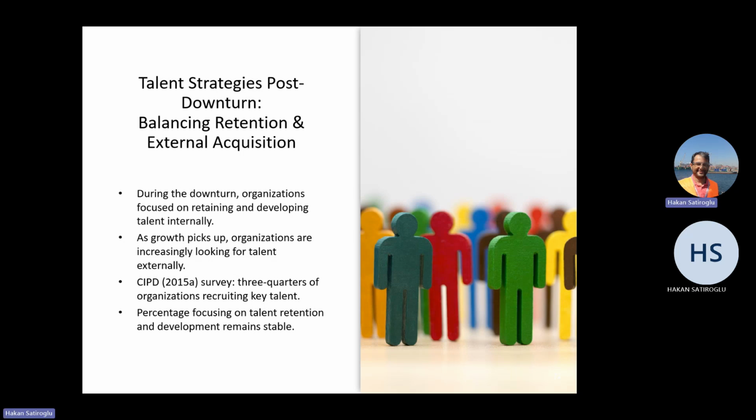During the downturn, organizations focus on retaining and developing talent internally, and we know many leaders and CEOs are coming from internal resources. Organizations don't recruit a CEO from outside; they bring the CEO inside.